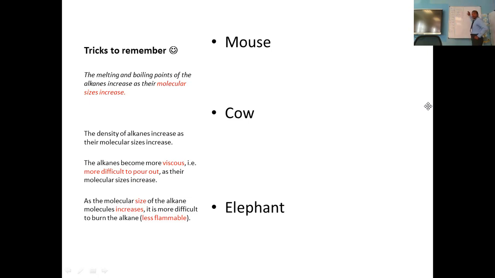Over here, we have methane. The formula is CH4. Over here I have butane. The formula would be C4H10. And let's say I take another alkane, octane.